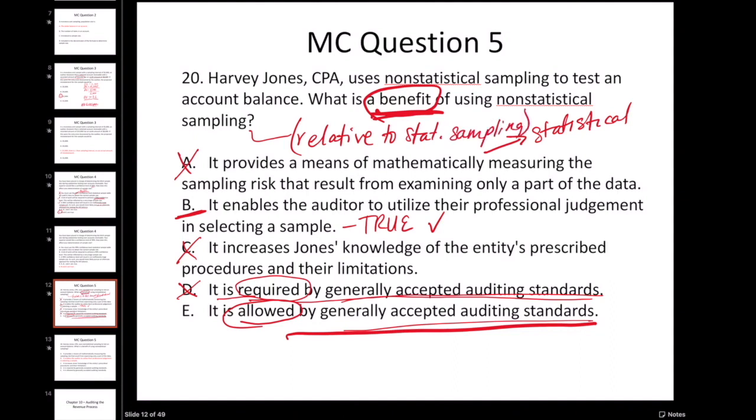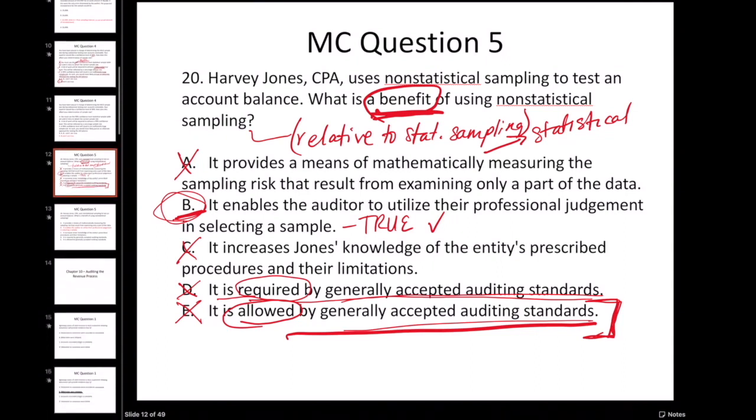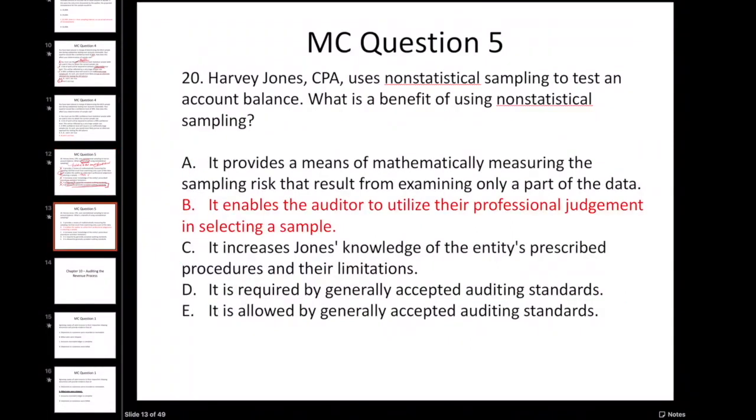Otherwise there's no reason why we'd be talking about benefits of non-statistical sampling if we weren't talking about them relative to statistical sampling. So this is very pointless because it's something that is true for both statistical and non-statistical sampling. Okay, so B is definitely our best answer here. It is indeed the right answer.